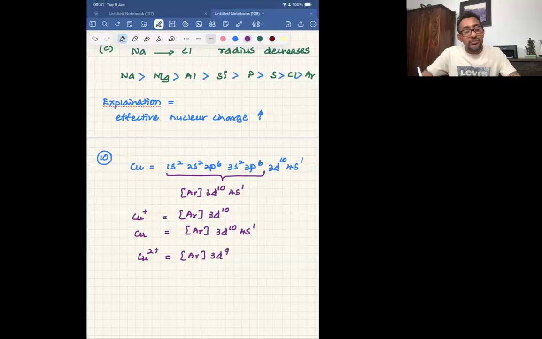That is also wrong. Then it says copper plus gives you argon configuration 3d10. I think that is the best answer. Answer D is the best answer. Would you agree with that? Okay. So that was question number 10.